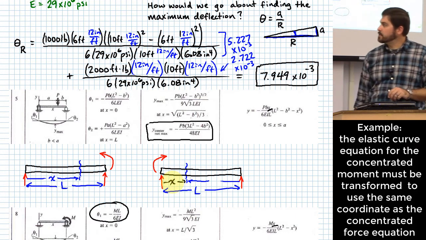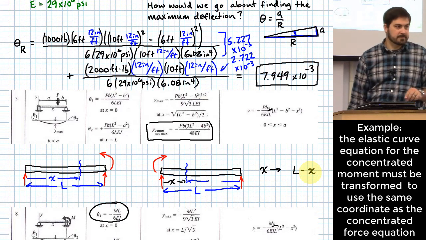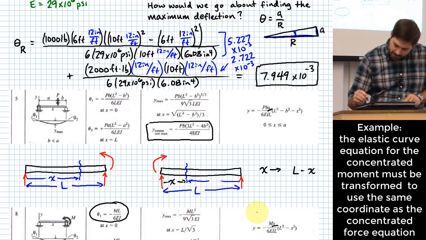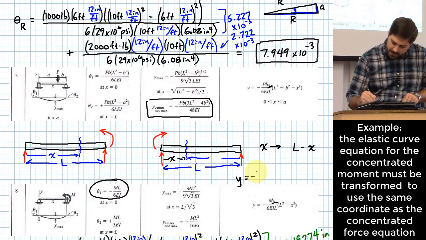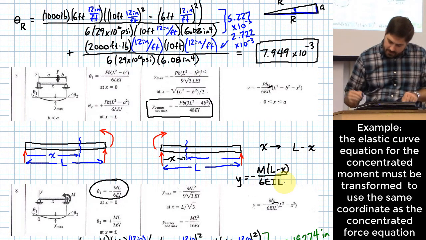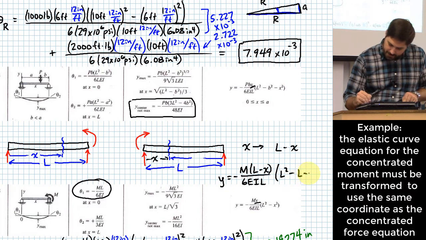So, x goes to L minus x. And when that happens, what happens with my equation of my elastic curve? y is going to be equal to minus M times (L minus x) over 6EIL times L squared minus (L minus x) squared.